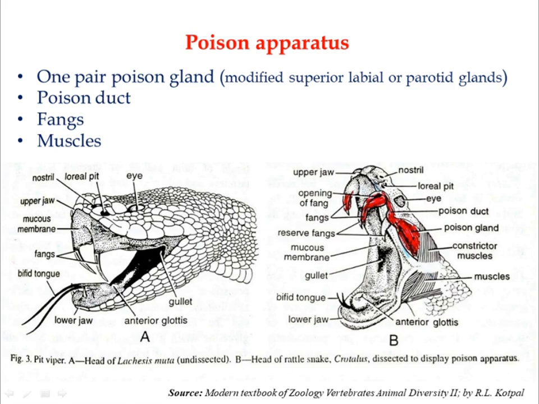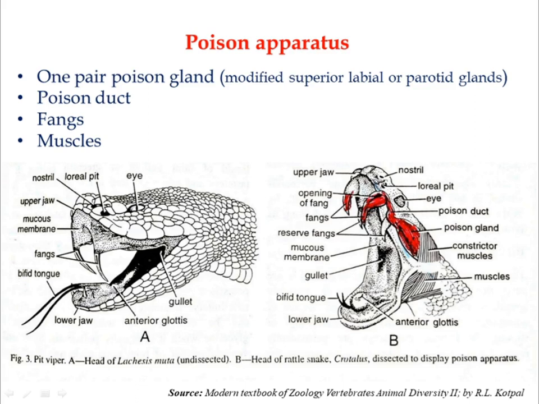And the third category of fangs is opisthoglyphous. Opistho means behind and glyph means hollow. This type of fangs are characteristic feature of poisonous snakes which belong to family Colubridae. In this case, the fangs are very small, which lie at the back of maxillae.